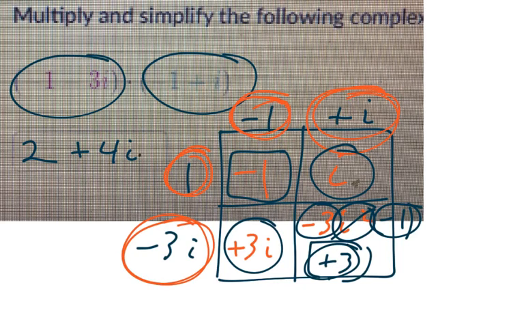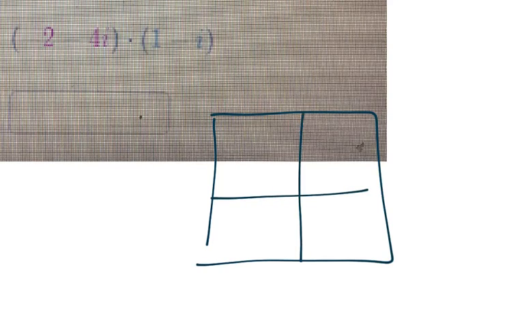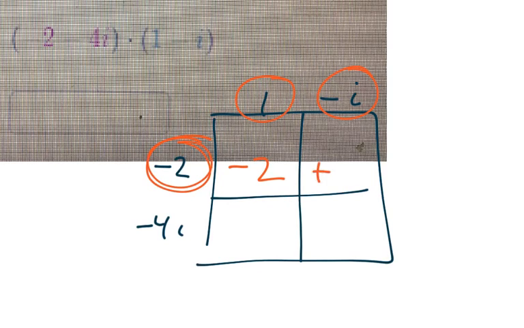All right, let's do at least one more together. Set up our area model, right? We got negative 2 minus 4i, 1 minus i. Let's watch our signs one more time. 1 times negative 2 is negative 2. Negative i times negative 2 is positive 2i. 1 times negative 4i, negative 4i.